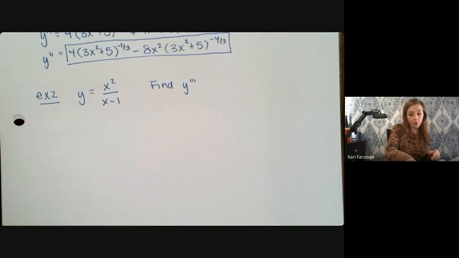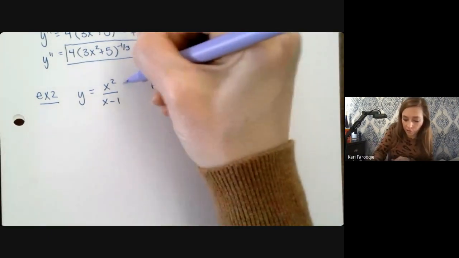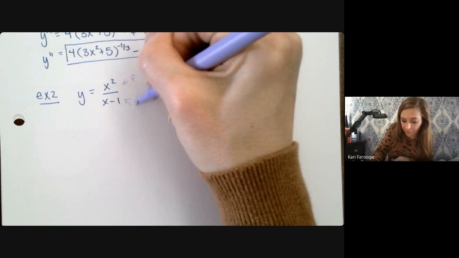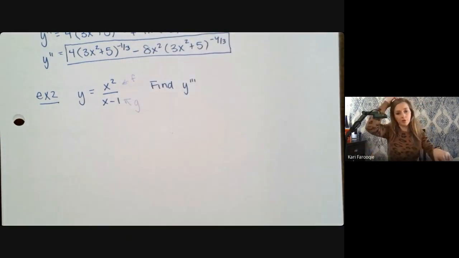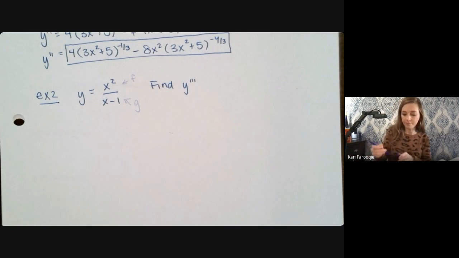So let's go ahead and just label this right now with f in the numerator and g in the denominator. Sorry, this light purple is a little too light. Okay, so now we'll go ahead and take y prime.